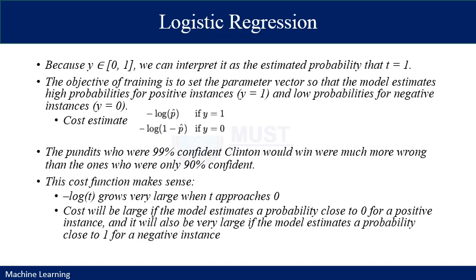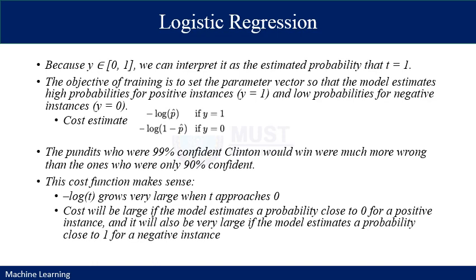So the objective of the logistic regression in the training is to set a parameter vector so that our model estimates higher probabilities for positive instances. That means where y is equal to 1 and the target example is equal to 1.